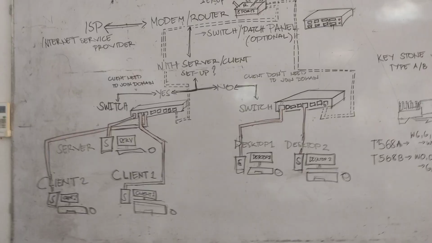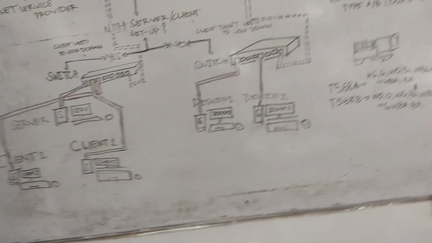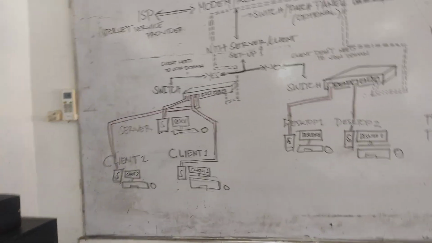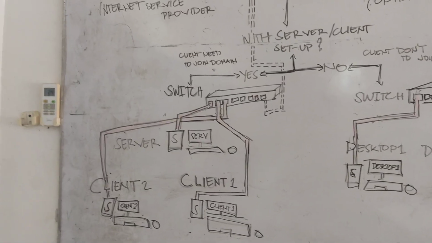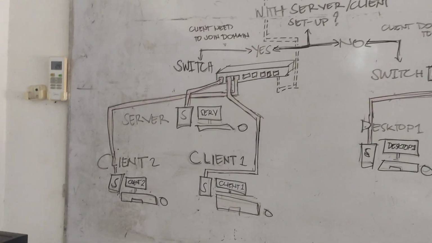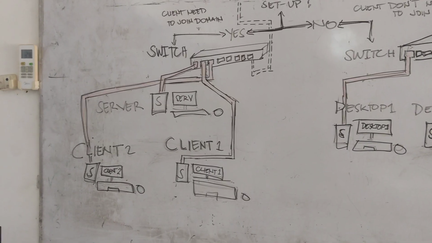Anyway, in continuation, you may have a setup with a server-client relationship or without one. If yes, then this is the setup you need to focus on, because in a client-server relationship, it needs a domain.